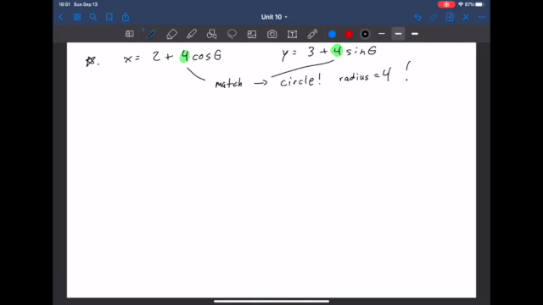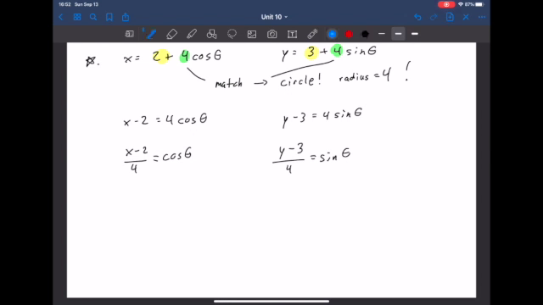Okay, so the real question I'm wondering is, what did adding the 2 or the 3 here do? So we can put it into our standard form, start solving for cosine or solving for sine. I'll solve for cosine first. So x minus 2 over 4 was cosine. y minus 3 equals 4 sine. y minus 3 over 4 equals sine.